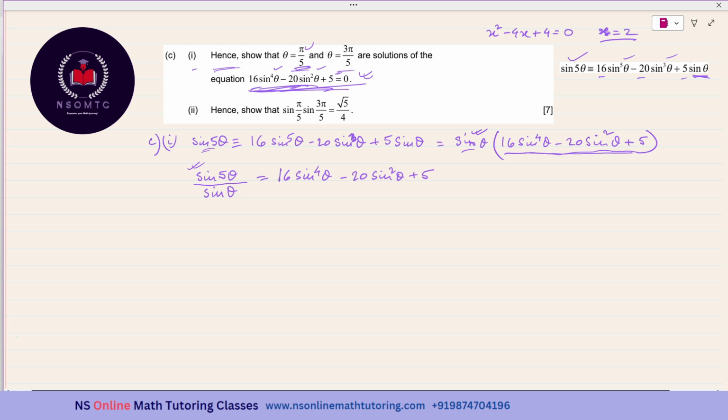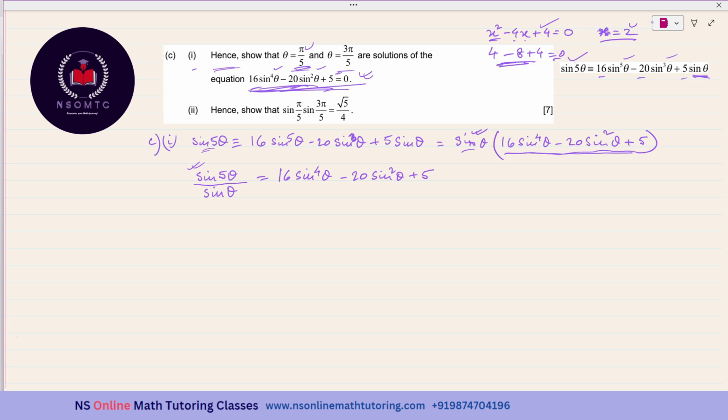You will be substituting 2 in place of x over here, and you will be getting 4 minus 8 plus 4, which is indeed equal to 0. So the left hand side is equal to the right hand side. Hence, x equal to 2 is a solution for this equation.